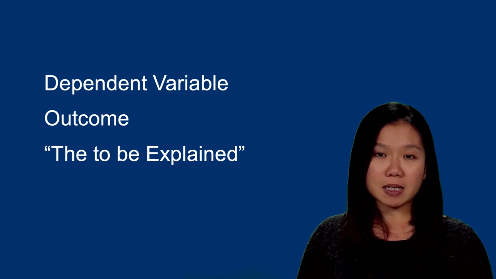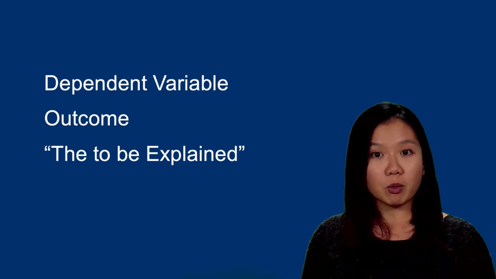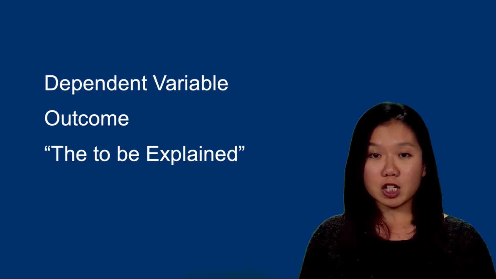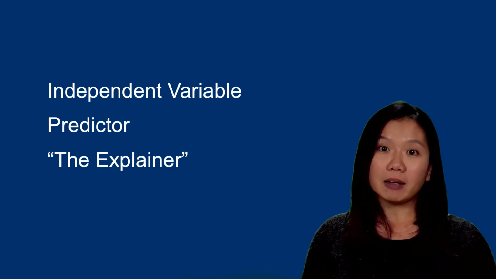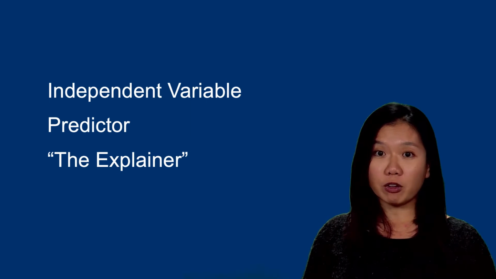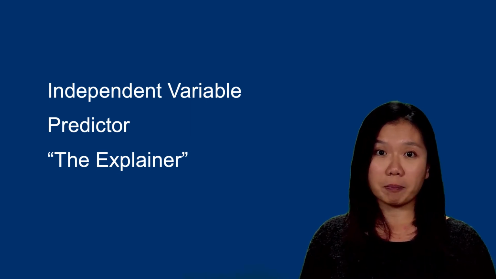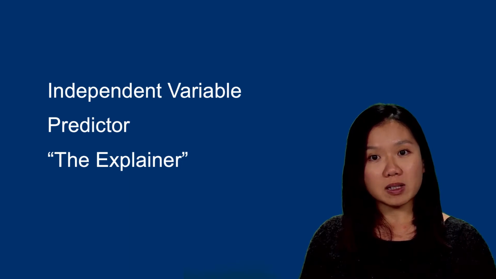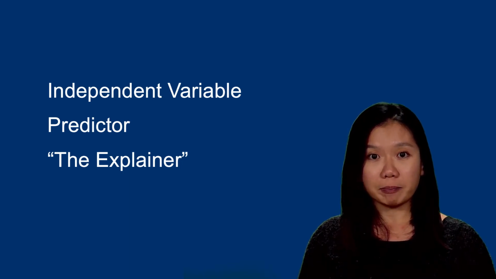Back to the game example, a dependent variable that we want to measure might be students' score in a test or their interests. The value of this variable is caused by or varies depending on the second variable, the independent variable, also known as the predictor. It is usually the variable that explains the outcome. In the game example, the independent variable will be whether the students played the simulation game.